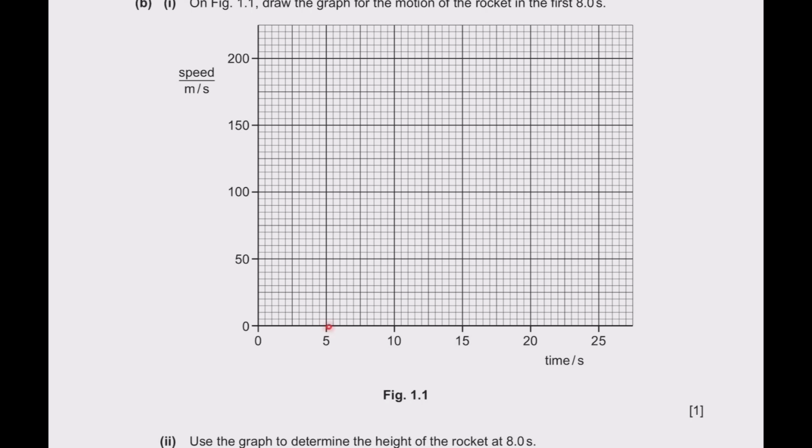This is 5, this is 6, 7 and 8. This point is 8. So let us mark it. 6, 7 and 8. This is 8 seconds, and 120, that is, these are the divisions, that is 100, this is 110, this is 120, this is 30, this is 40 and this is 50.